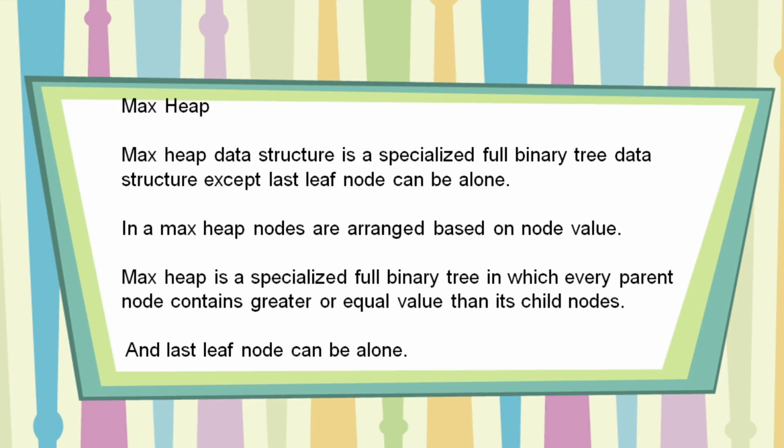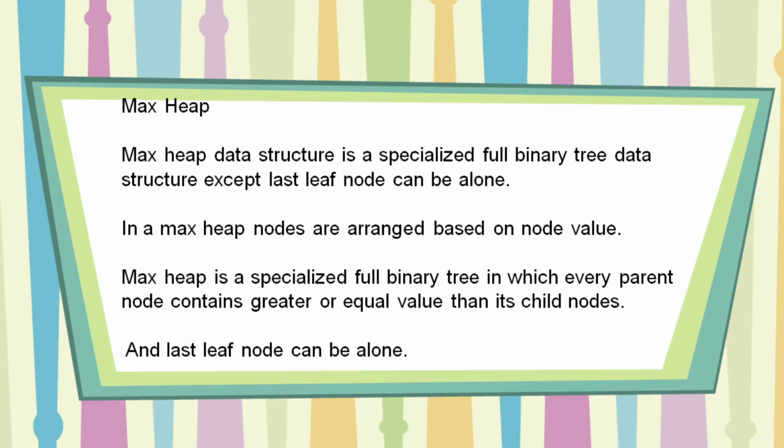Max heap data structure. In a max heap, for any given node C, if P is a parent of node C, then the key of the parent is greater than or equal to the key of C. A max heap data structure is a specialized complete binary tree data structure, except the last leaf nodes can be alone.